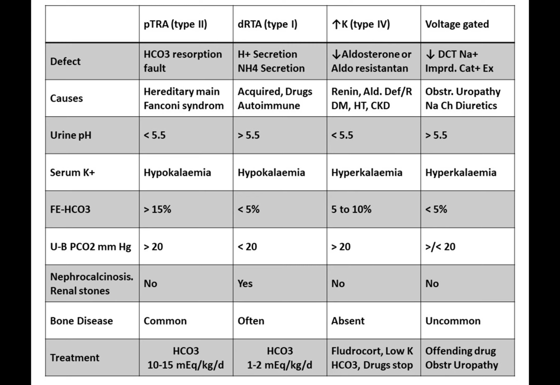Large quantities of bicarbonate, small quantity of bicarbonate, mineralocorticoid, potassium sparing type of foods, low potassium foods, supplemental bicarbonate, stop offending drugs. Here, offending drug has to be stopped. Obstructive uropathy, if it is there, it has to be corrected. So this in a way is the summary of that.